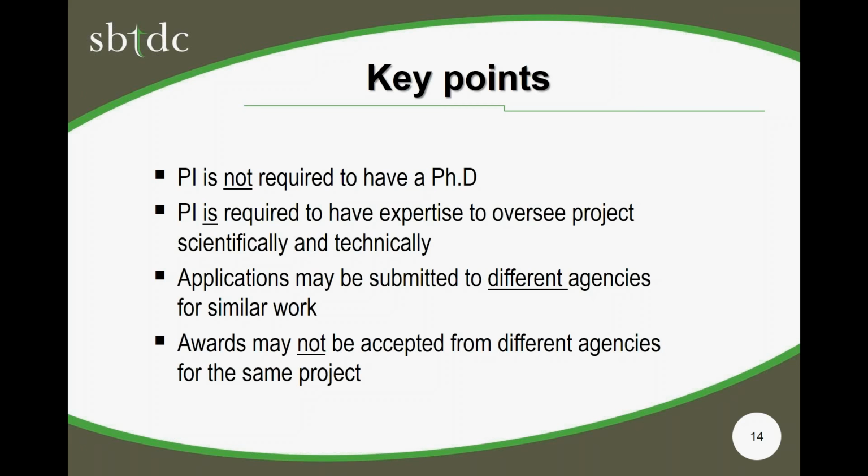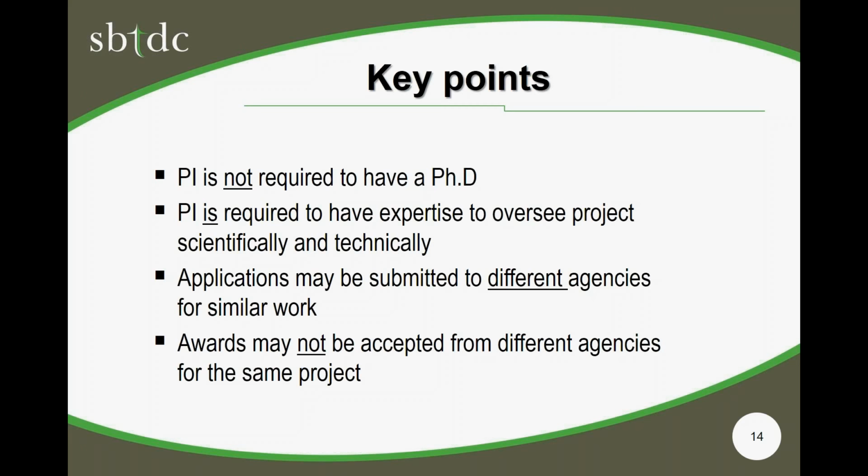Proposals or applications can be submitted to different agencies for similar work. So if you found an area of interest at the Department of Defense, and you also found a similar area of interest at the National Science Foundation, you could submit a proposal to propose funding for that same work from two different agencies.